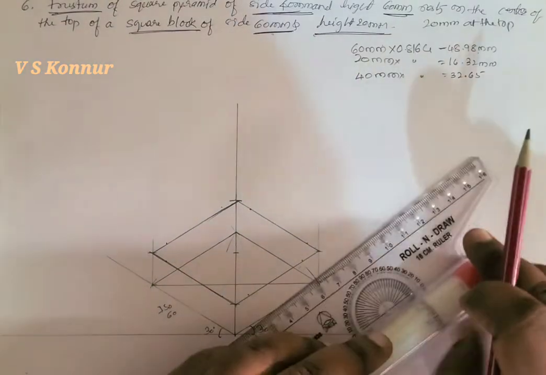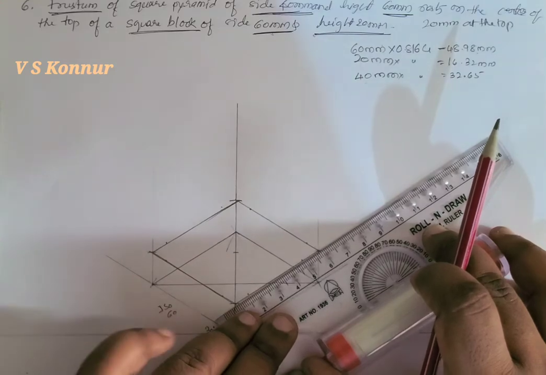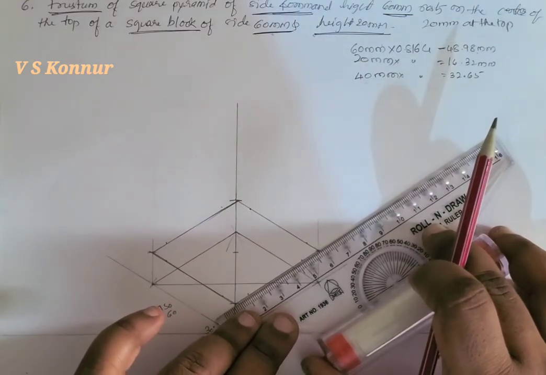Now I will transfer the lines parallel to this. Directly we will get it; this is the easiest way, instead of constructing one more.